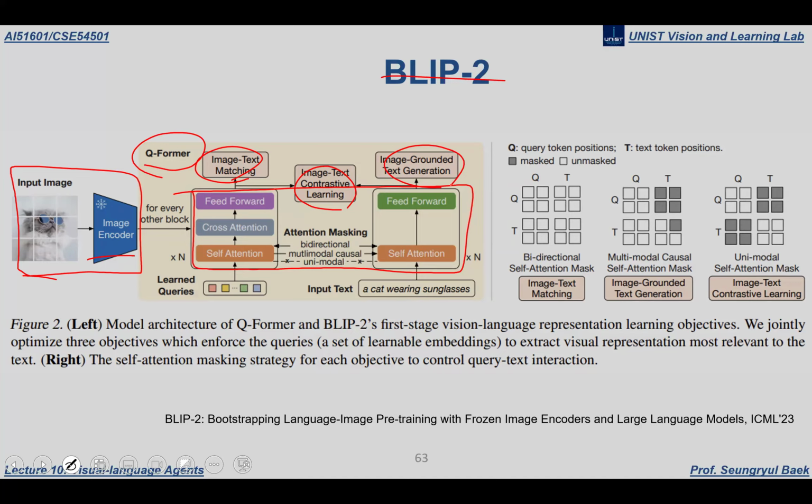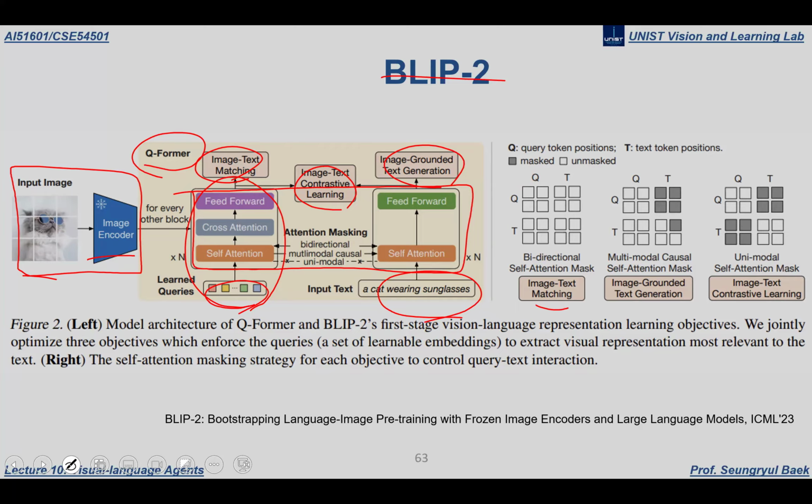Here, this vision part produces some output given these queries coming from the image encoder and text transformers. They directly input the text signals to generate the output.